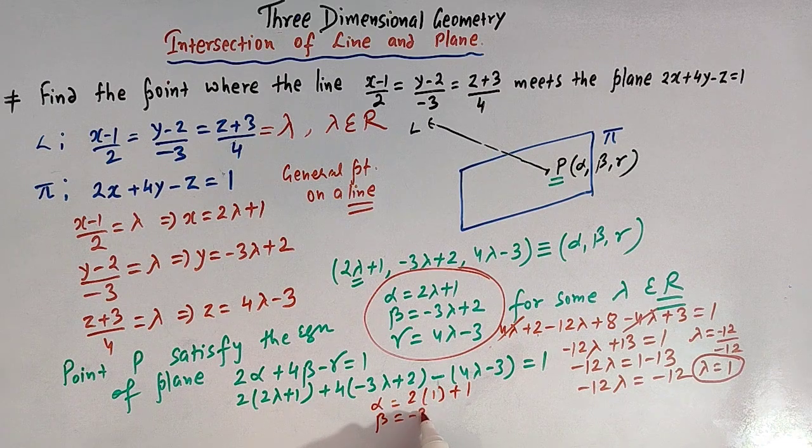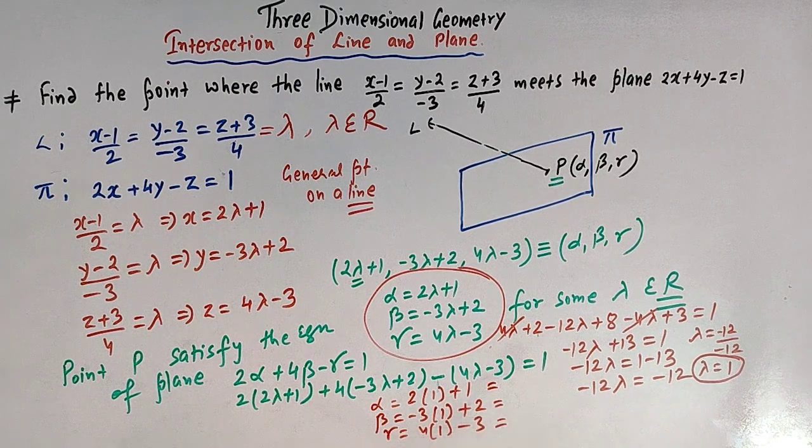Beta is minus 3 times 1 plus 2, and gamma is 4 times 1 minus 3. So this is 2 plus 1, that is 3. This is minus 3 plus 2, that is minus 1. And this is 4 minus 3, that is equal to 1.